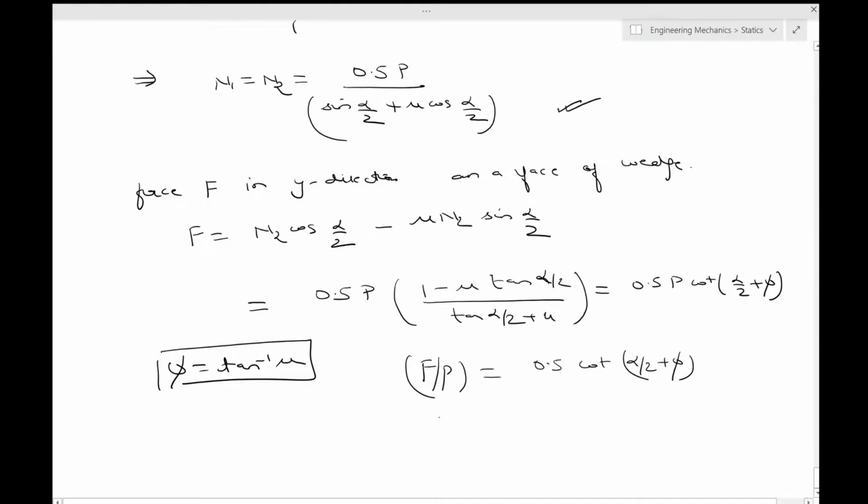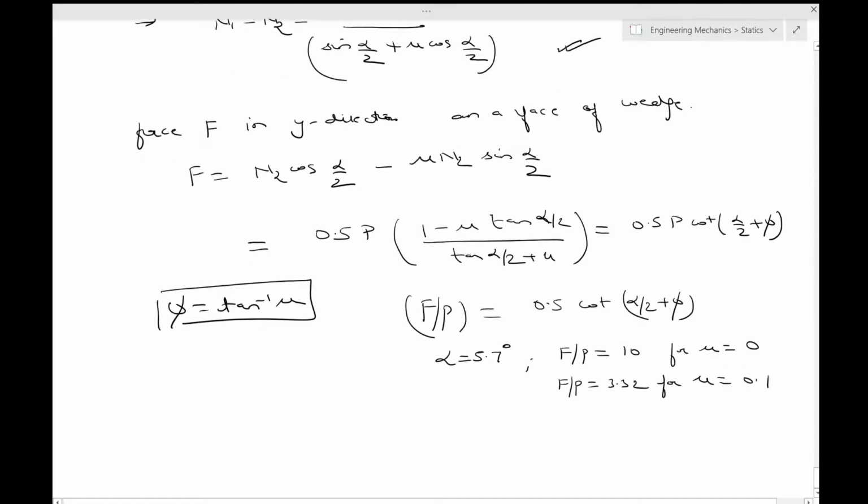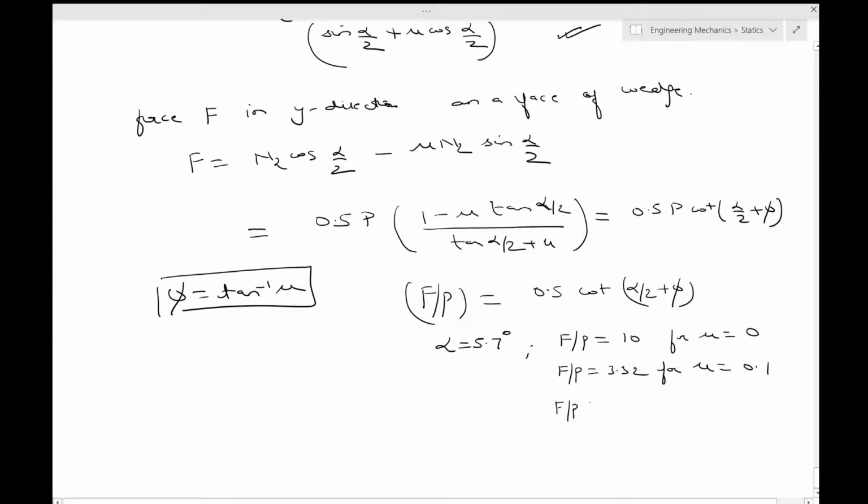So for alpha is equal to 5.7 degrees, F by P will be equal to 10. For mu is equal to 0, F by P will be equal to 3.32. For mu is equal to 0.1, F by P will be equal to 1.98.